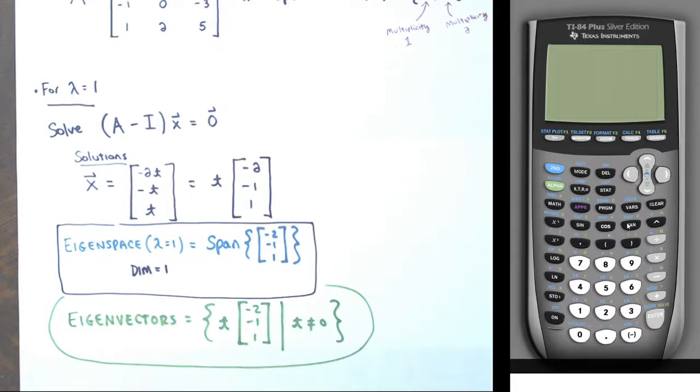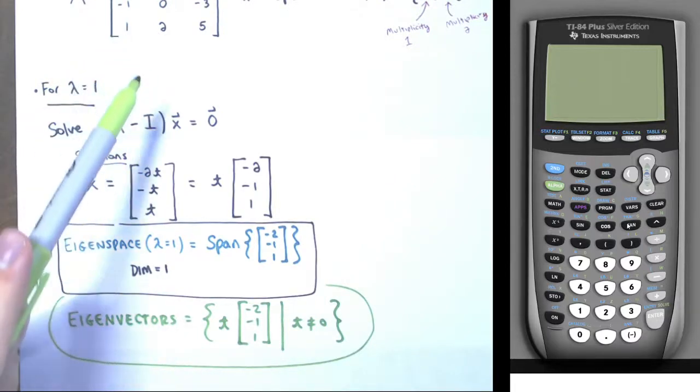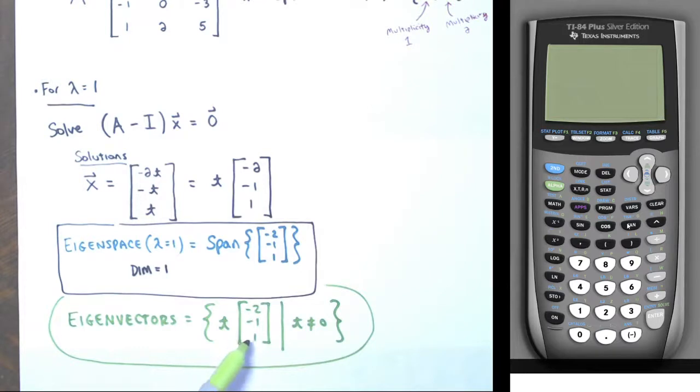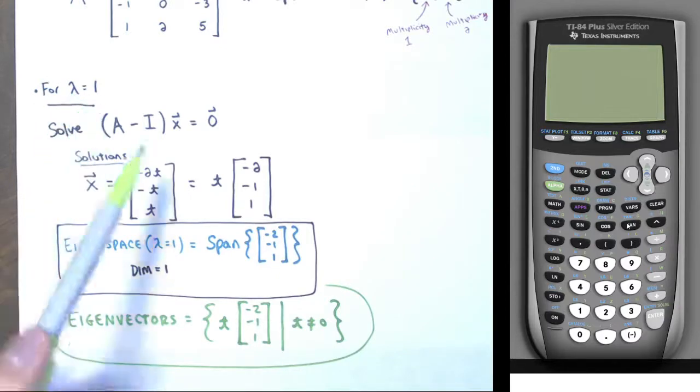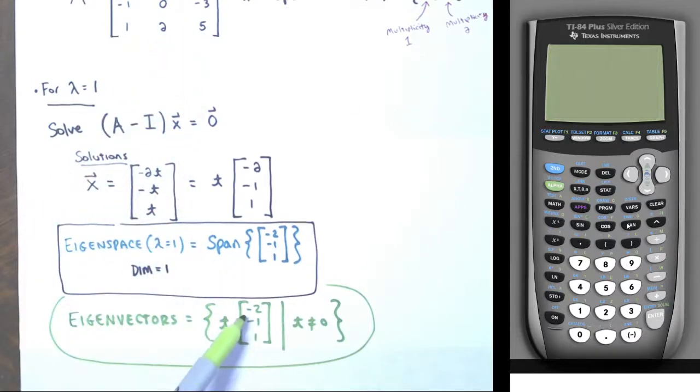All right, so that means that if you take matrix A and multiply it by -2, -1, 1, you're going to get -2, -1, 1 back, because it's equal to 1 times that vector. So if you multiply matrix A by any multiple of this, -4, -2, 2, -6, -3, 3, whatever, you're just going to get 1 times that vector as an output.